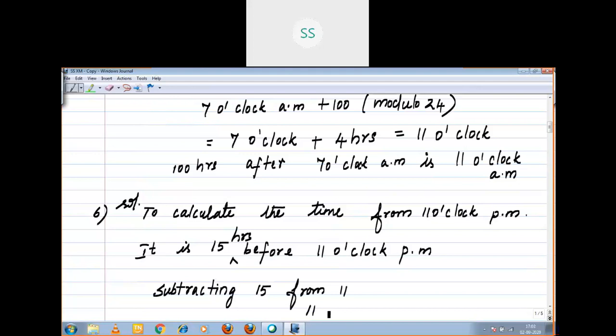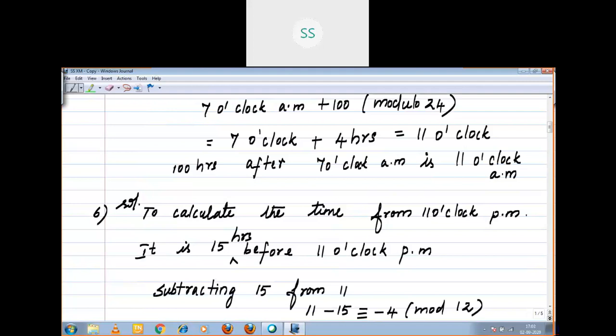That means 11 minus 15 is congruent to minus 4 modulo how much? Modulo 12. Why are you taking modulo 12?